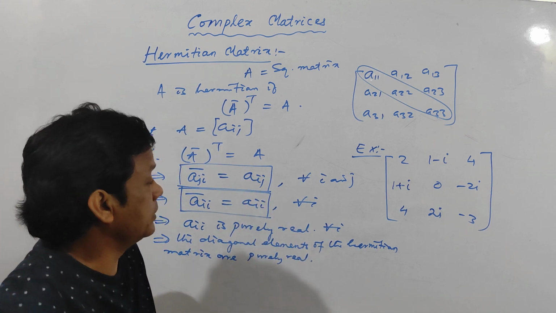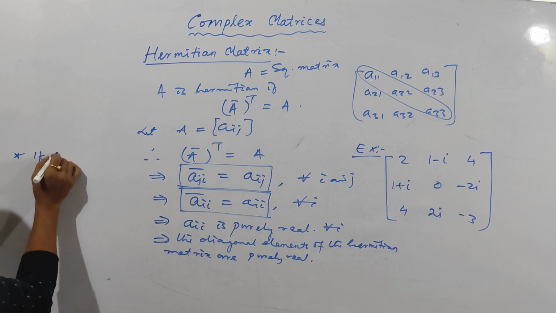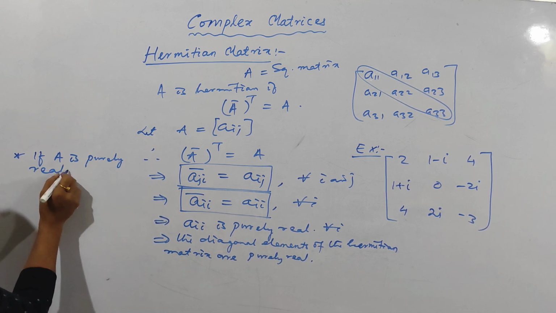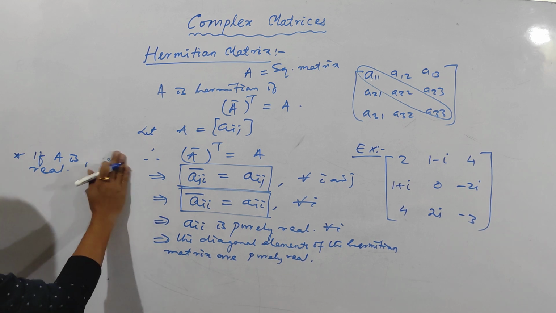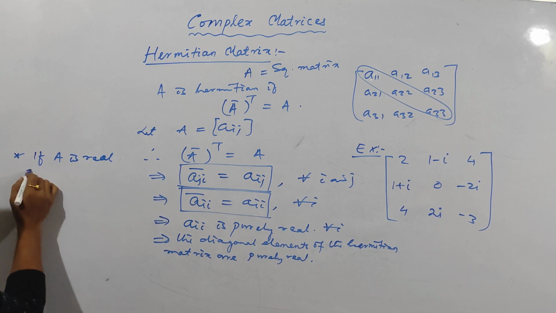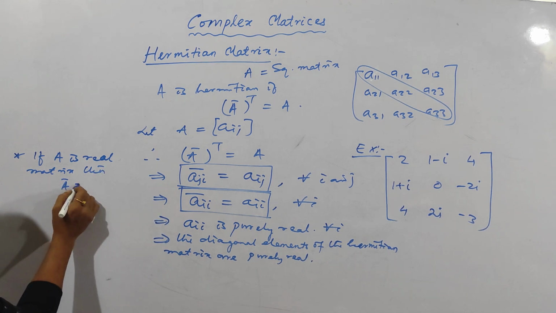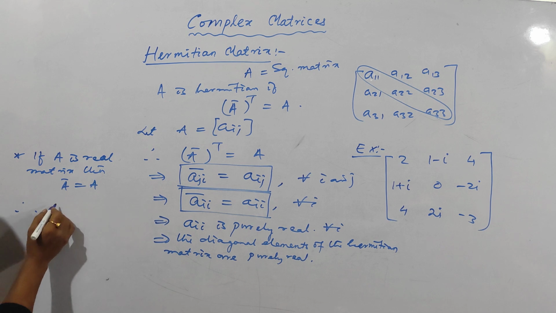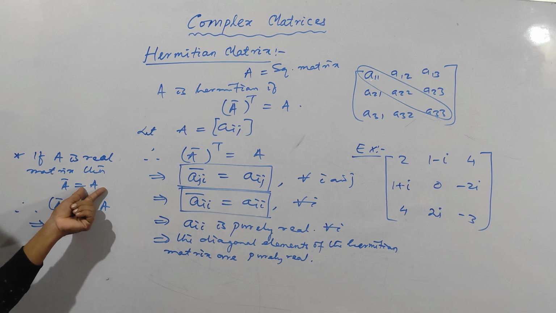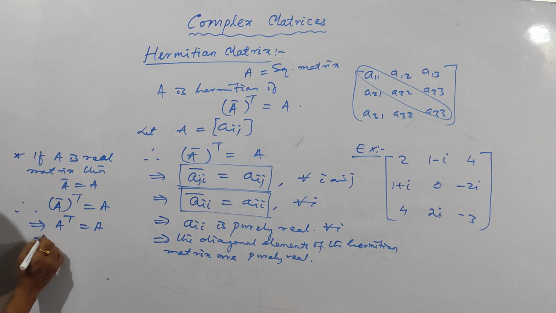Clear? And another condition now I am telling you: if A is a real matrix, then A bar is equal to A. Therefore, A bar transpose is equal to A implies, in place of A bar write A, A transpose is equal to A. Implies A is symmetric.